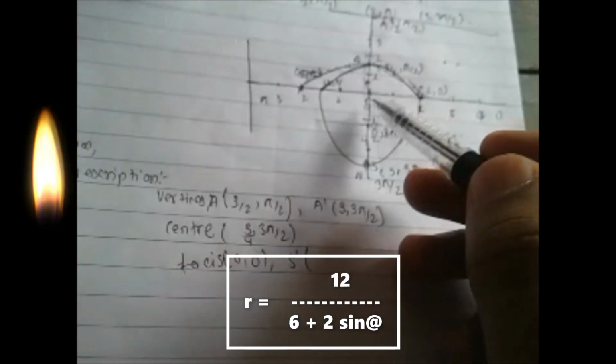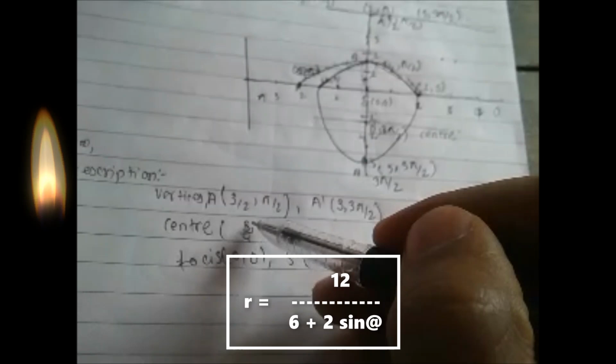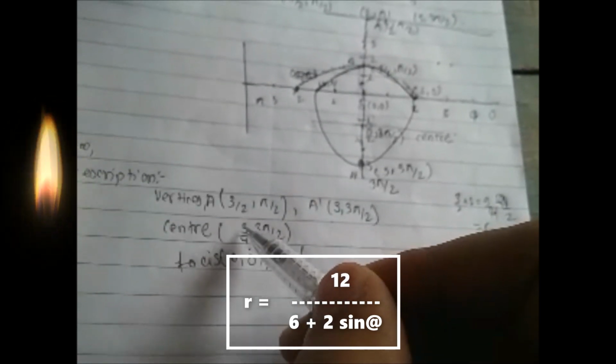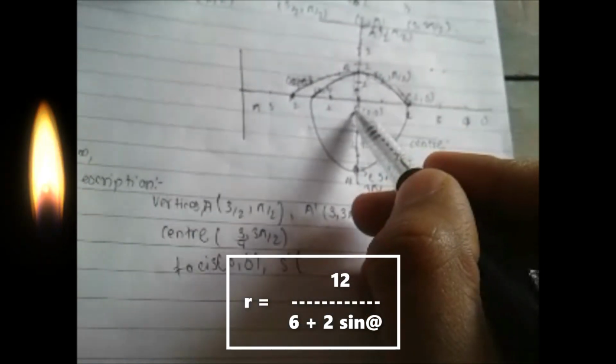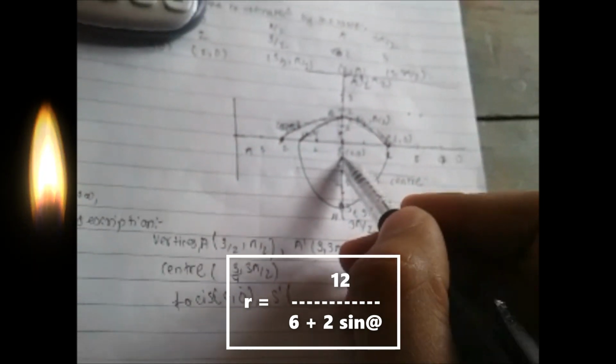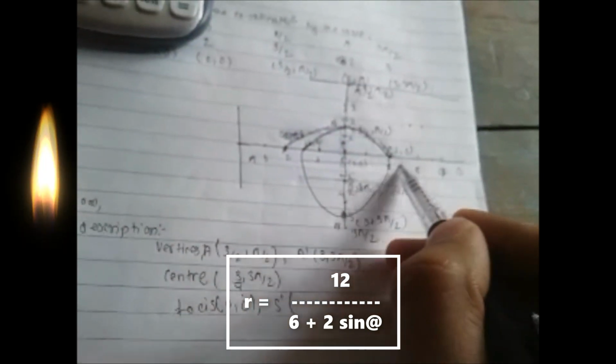Now to find the foci, one focus we already have. To find the next focus, the center is 3 by 4, which is less than 1, 0 point something, so our center would be around here.